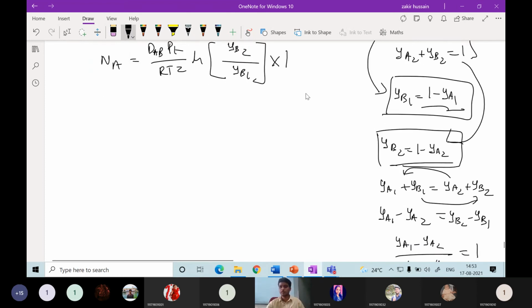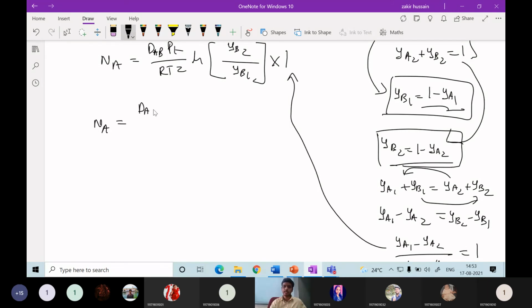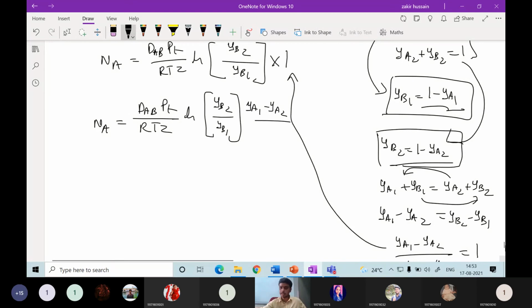So the definition of 1 we can substitute here. That is, NA is equal to DAB into PT by RTZ ln YB2 by YB1, and in place of 1 we substitute YA1 minus YA2 divided by YB2 minus YB1.